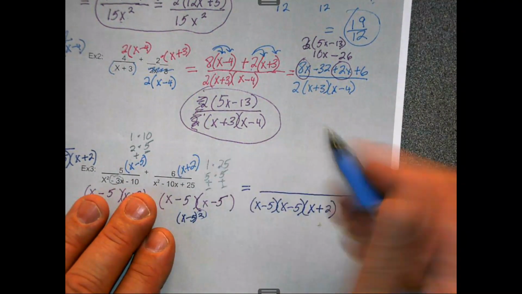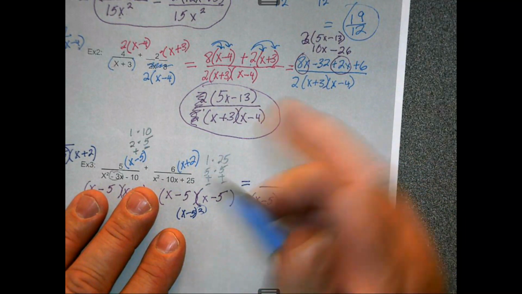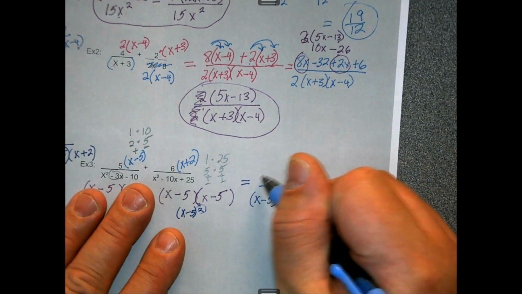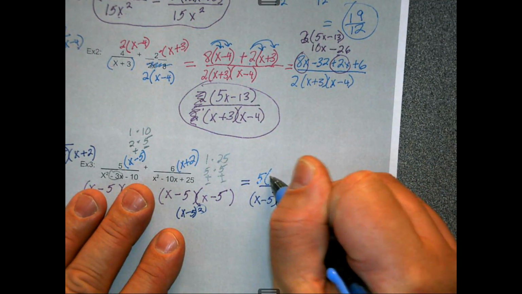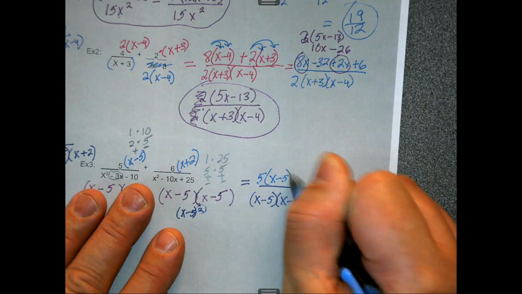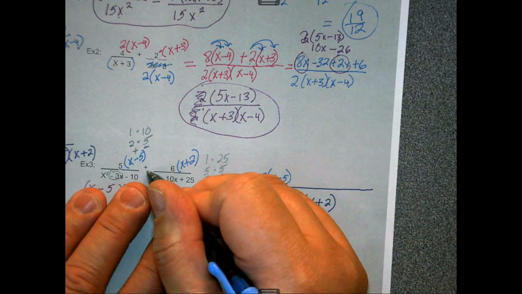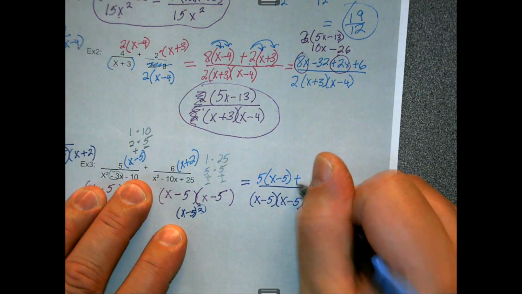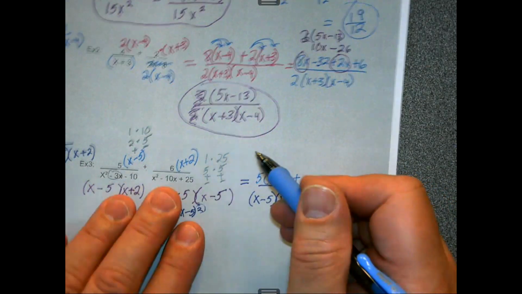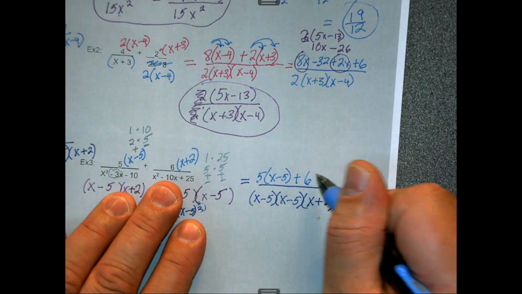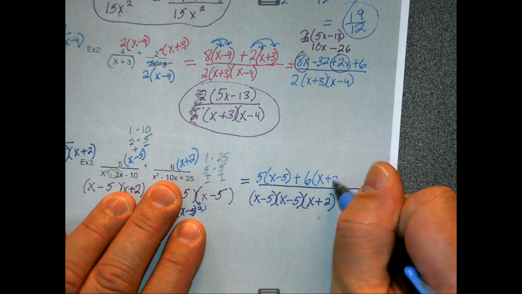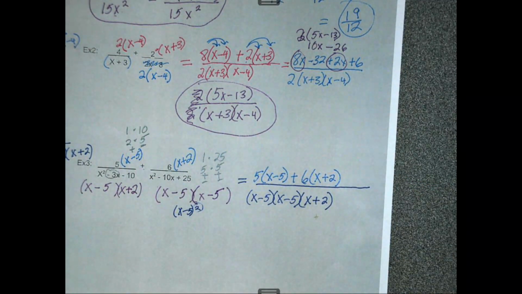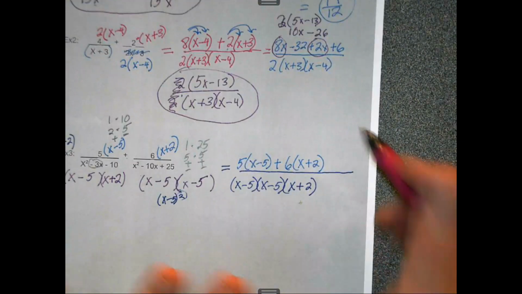You know what? I'm going to write this all out. Usually I do 2 steps at once, but so I have 5 times x minus 5 plus, it gets even funner with subtraction, 6 times x plus 2. Now I have to simplify from this point on. And we got a lot of algebra to do here.